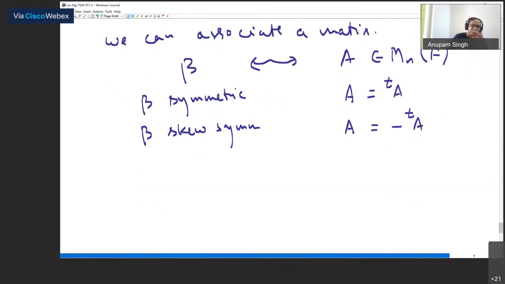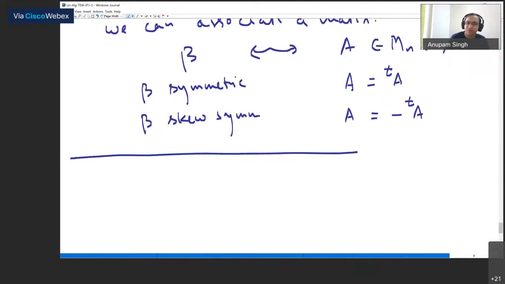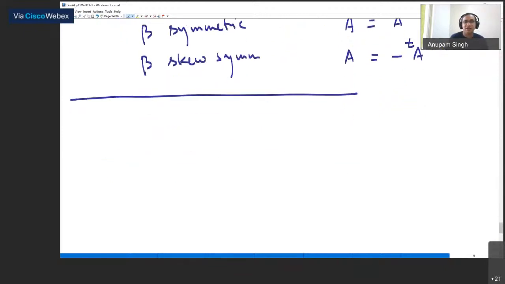And sometimes from here you can derive that if it is invertible, it must be of even dimension. Okay, so that is some nice answer in some situations, of what a bilinear form can look like.